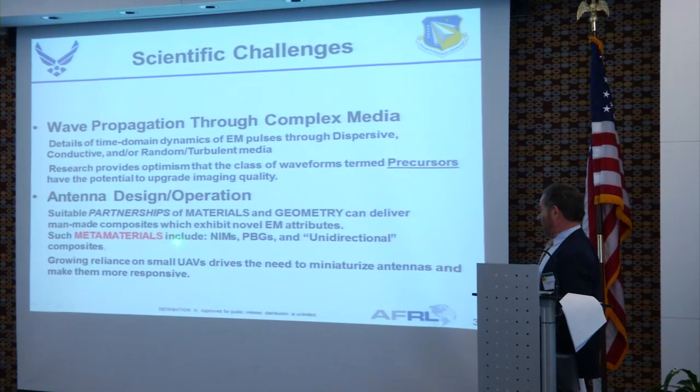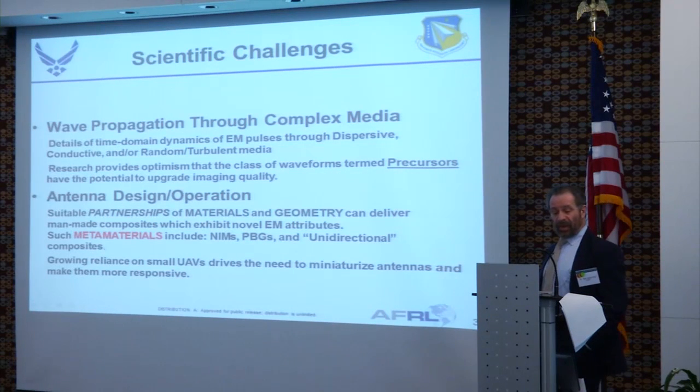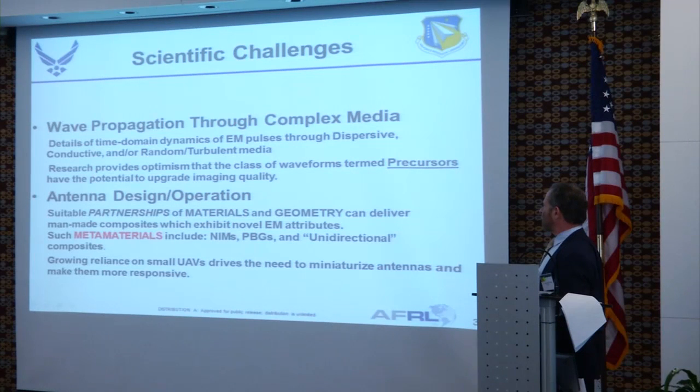But I cast a wider net, and I include photonic bandgap materials and something else I funded a few years ago, unidirectional composites. One of the reasons we're interested in this is that reliance on small UAVs drives the need to miniaturize antennas and make them more responsive, and one way of doing that is to see if you can make them out of some of these novel composite materials.